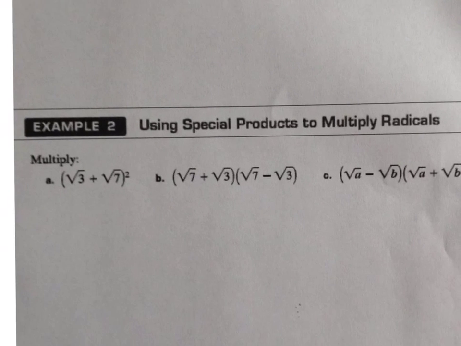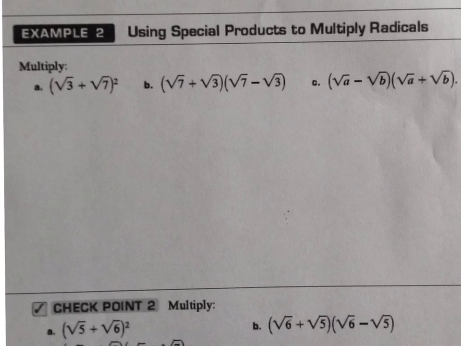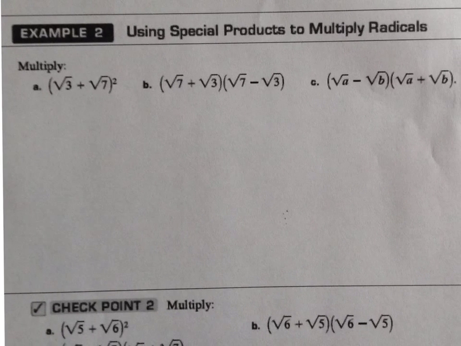Move this up. Now we're going to multiply using special products. The special products really come from multiplying the sum and difference of binomials, which is really the difference of squares. That's B and C. There is a special product for A, but you don't really need it.